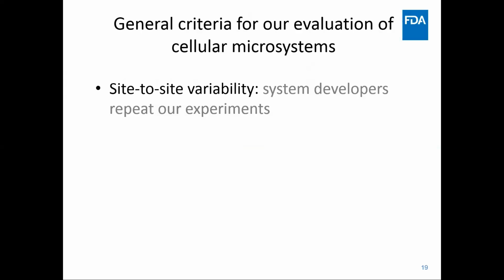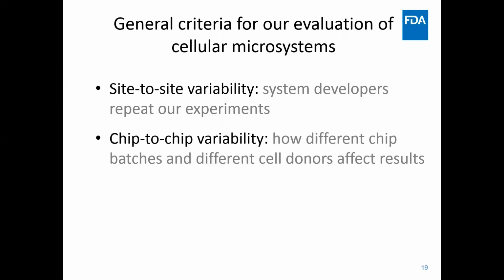So based on this, the general criteria for evaluation of cellular microsystems in our division is to first look at site-to-site variability in terms of producing results. And this is where we work with system developers that repeat our experiments, or we repeat their experiments. We also evaluate chip-to-chip variability.